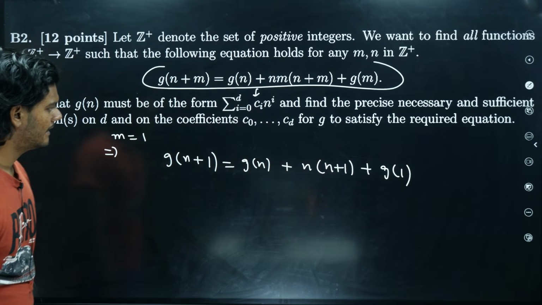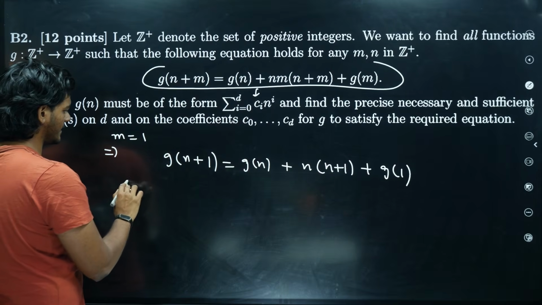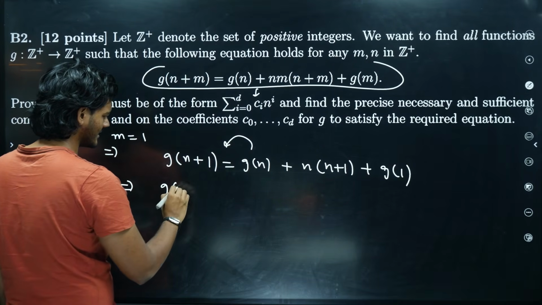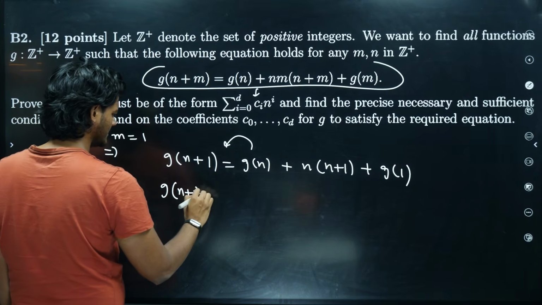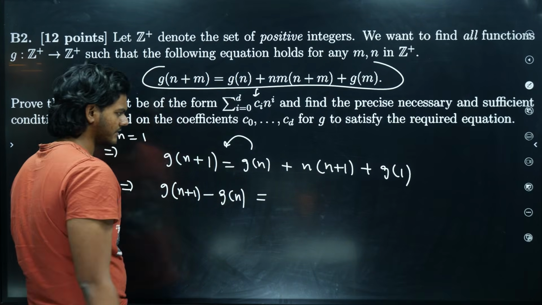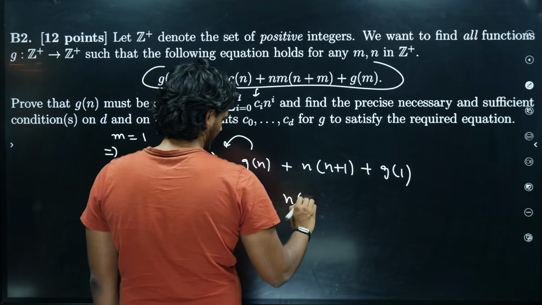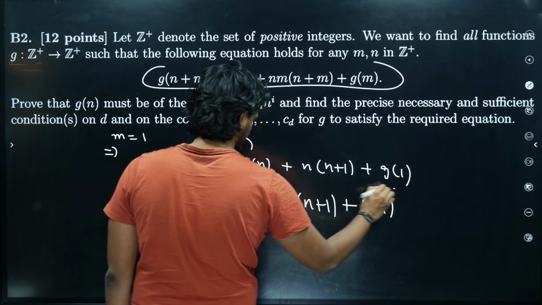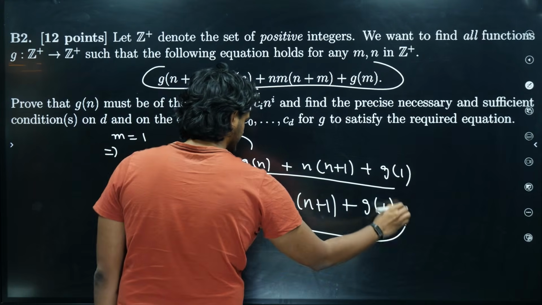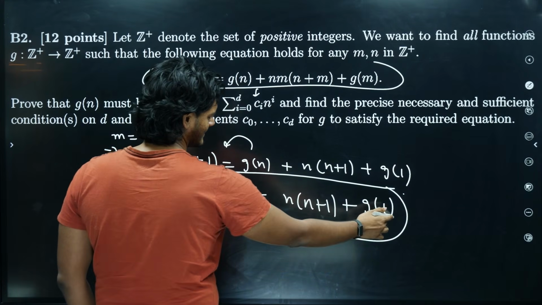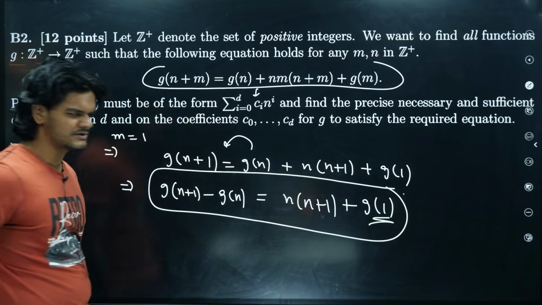I'll take this to the other side, so g of n plus 1 minus g of n is equal to n into n plus 1 plus g of 1. This depends on n, and this is a constant. We will figure out what g of 1 would be.